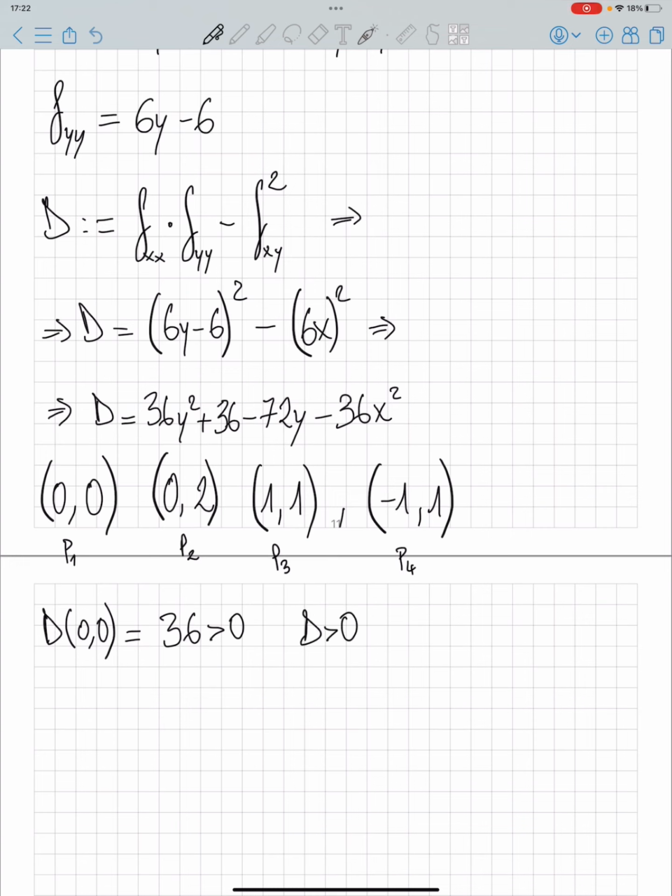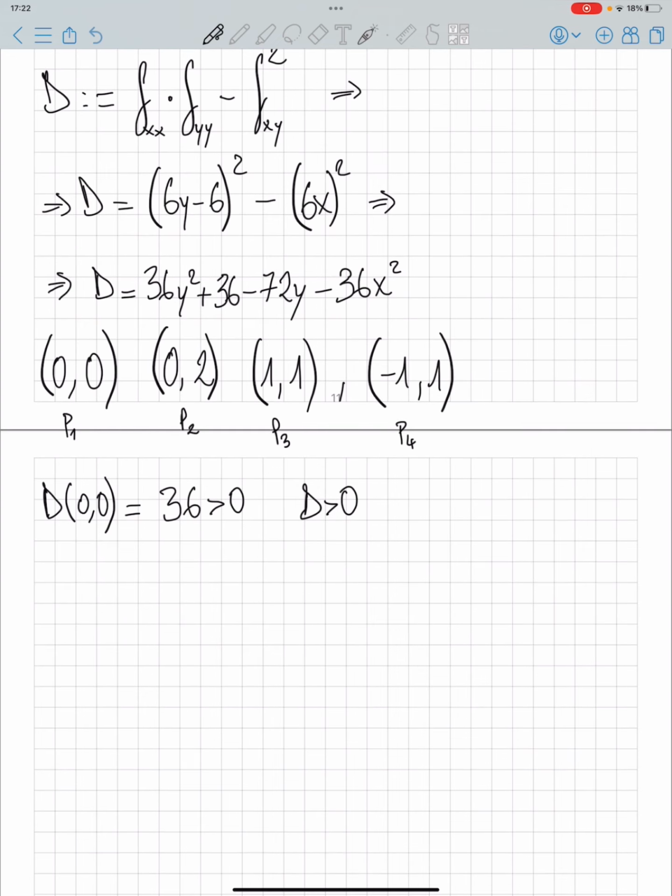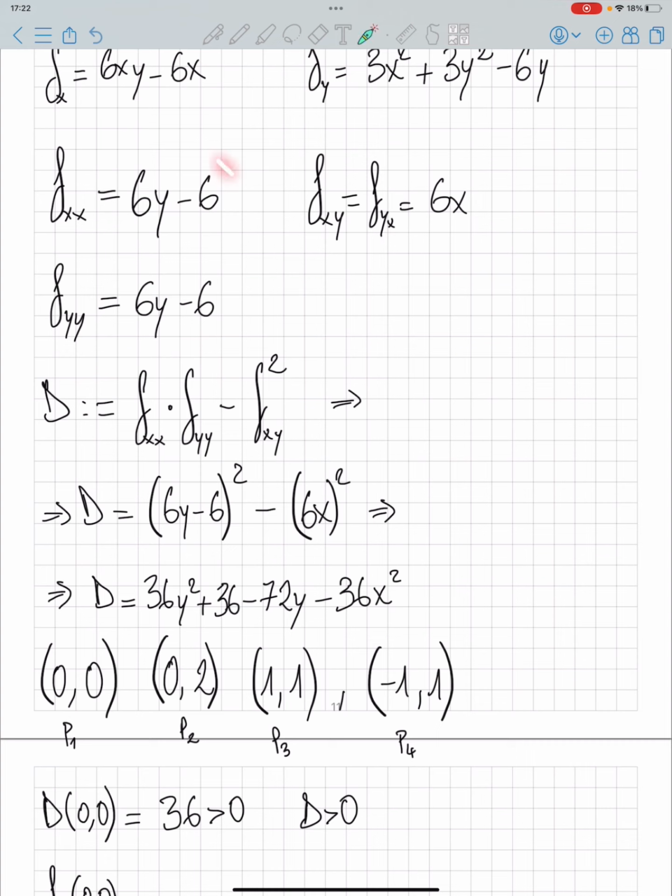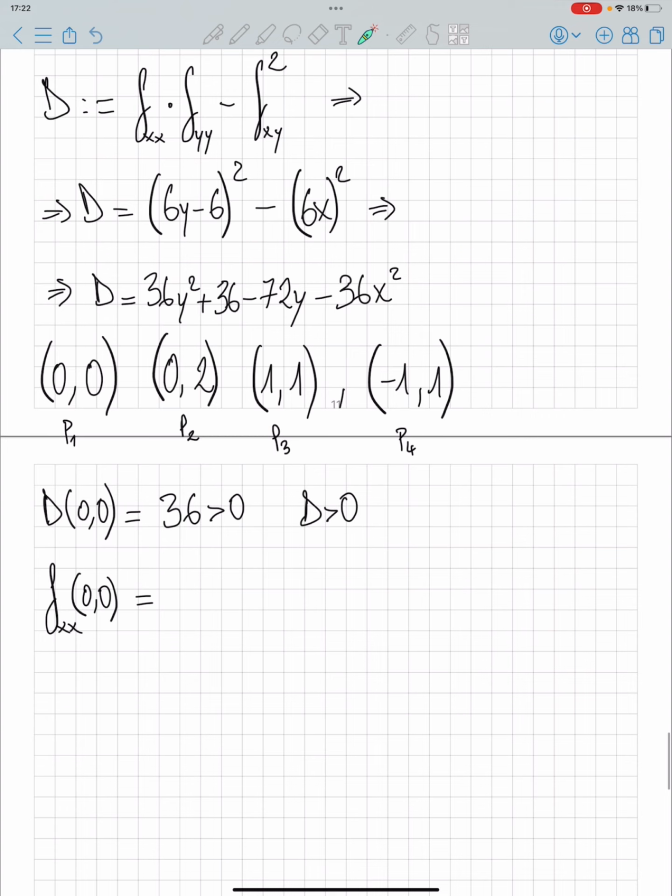Now we need to see whether fxx is positive or negative, right? So fxx at 0, 0 here is 6y minus x. So if we plug in 0 here, this is going to disappear and we're going to be left with minus 6. So fxx(0, 0) is equal to minus 6, which is less than 0.